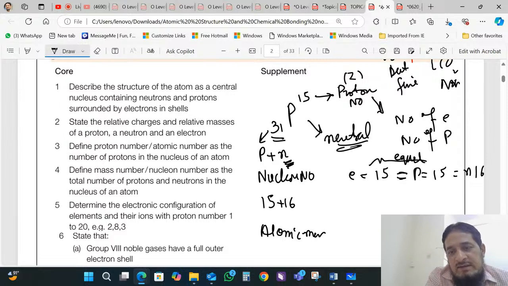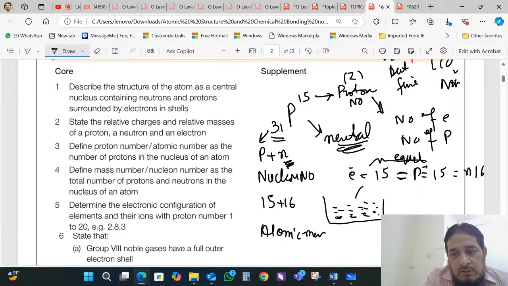It doesn't have any charge. The electron carries the negative charge, and the proton carries the positive charge. It is just like a bucket with an equal number of negative and positive particles.